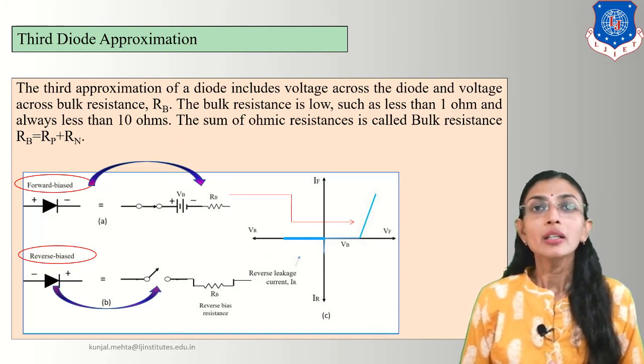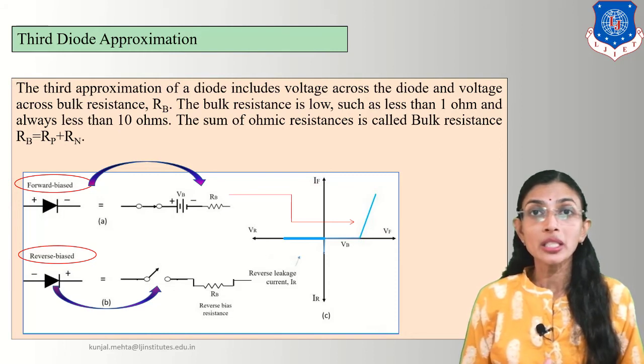That means if the diode is connected in reverse bias, it will be an open switch. According to the equivalent circuit, whatever the consideration of VB and RB, if there is an open switch, maximum resistance, and therefore no current is flowing, right?